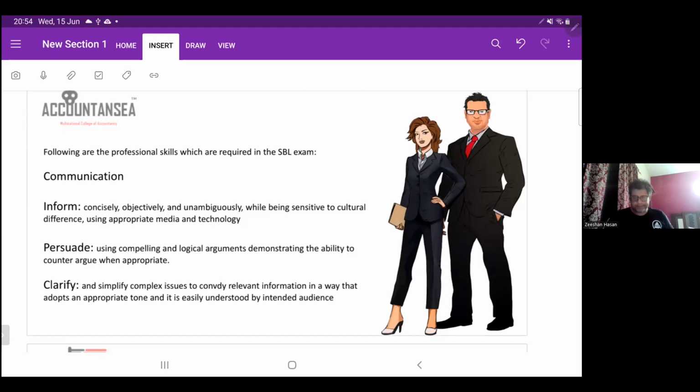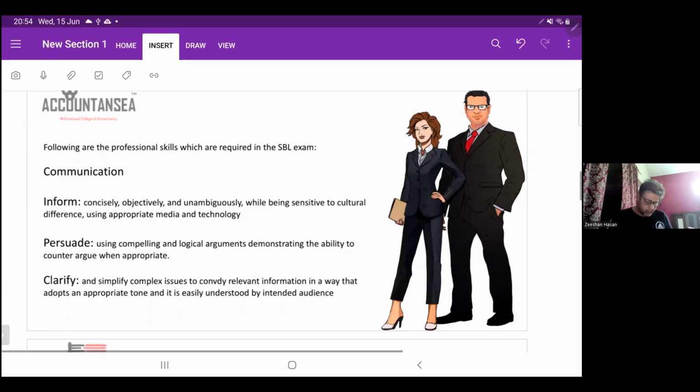For example, I'm just giving you a general example. If you use the word depreciation, you and I are accountants, so we know what is meant by depreciation, but it can't be understood by a doctor or an engineer outside the organization. So you have to explain it accordingly. Hope you get it.